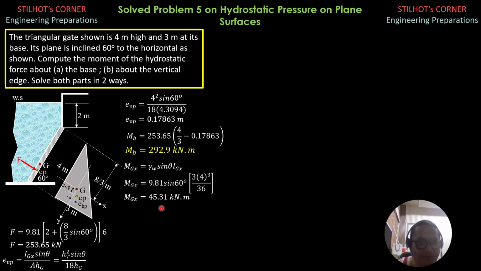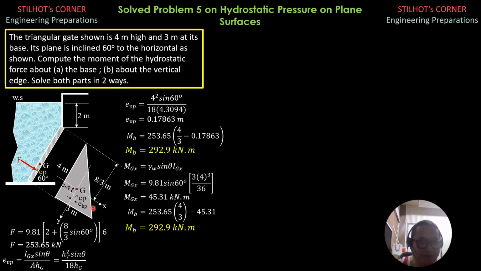Then we subtract this MGX. So Mb equals 253.65 times 4/3, then minus 45.31. Remember, they are opposite in sense. So Mb is also 292.9 kilonewton meters.